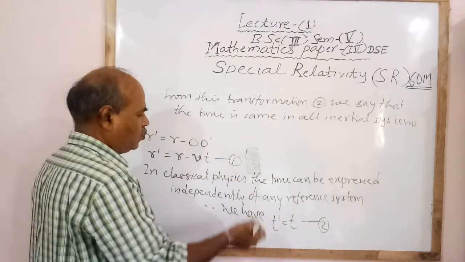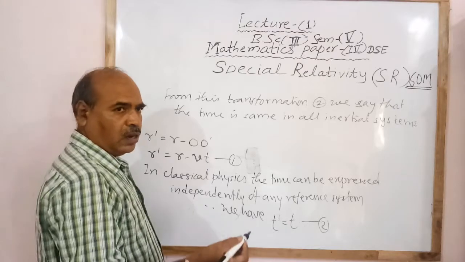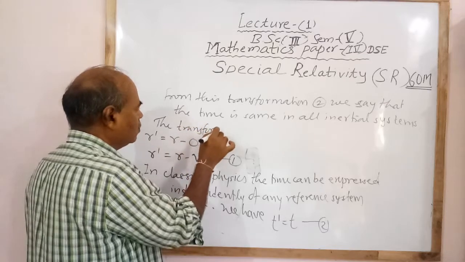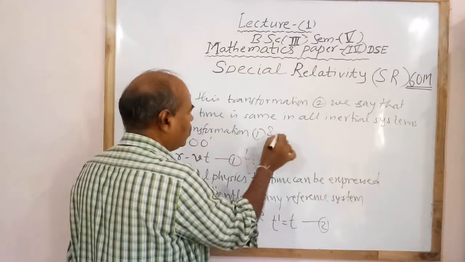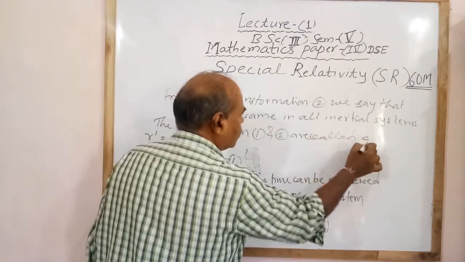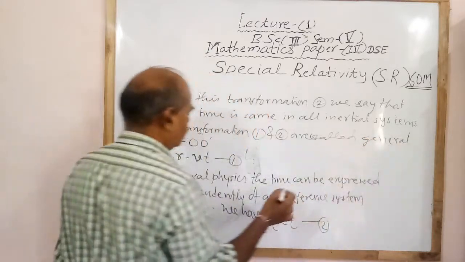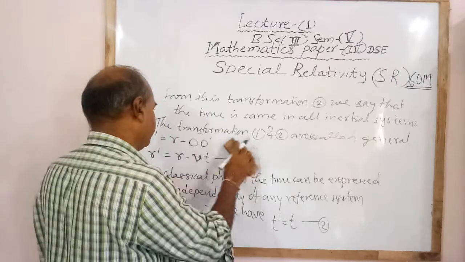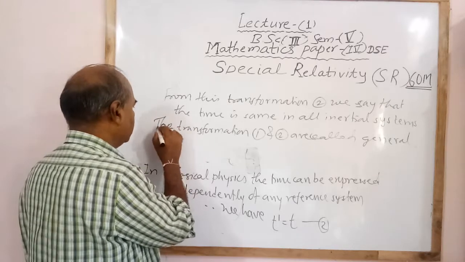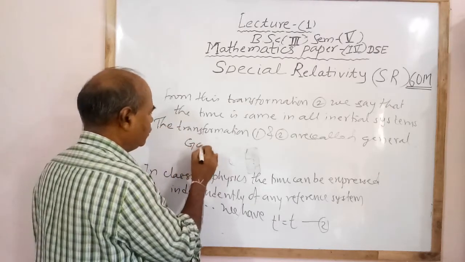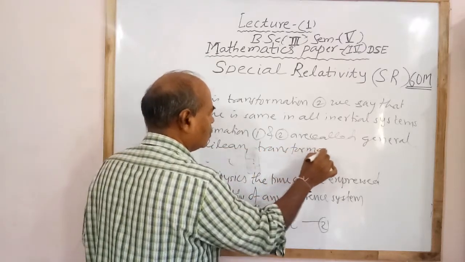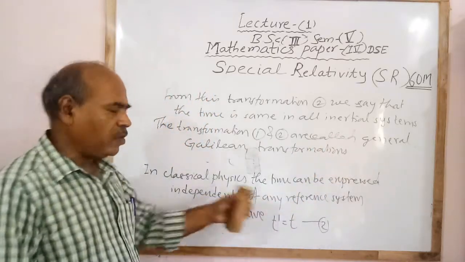Here, the transformations 1 and 2 are called general Galilean transformations.